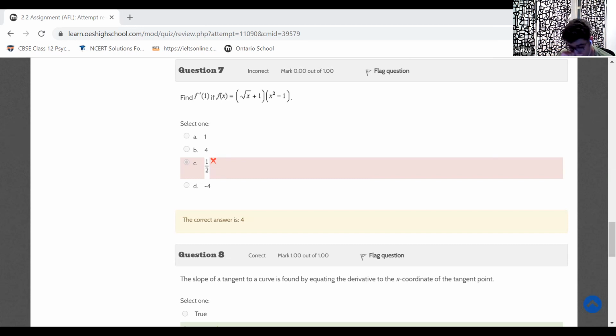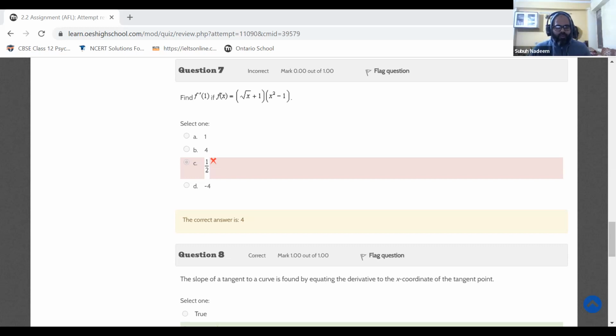So now it's 2x raised to 3 by 2 plus 2x plus 1 by 2 x raised to 3 by 2 minus 1 by 2 x raised to minus 1 by 2. Exactly. Now you put x is equal to 1 everywhere because you have to find f dash 1.